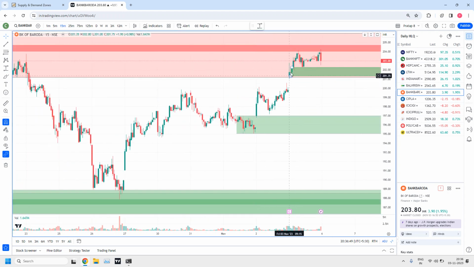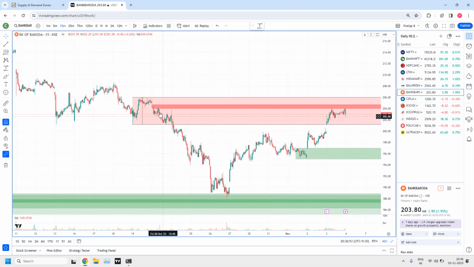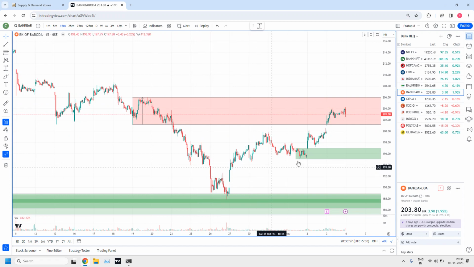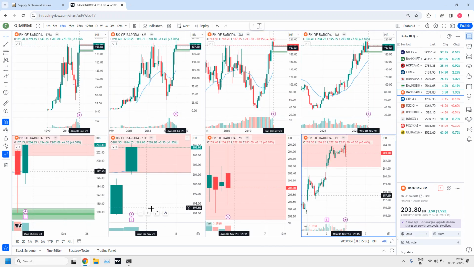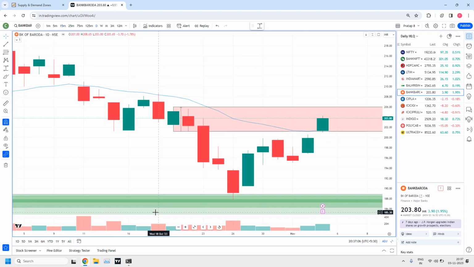For that, let me delete this. Let me delete even this high liquidity 15 minutes zone. Okay, now let's go to the daily time frame and from there we will start our top down analysis.